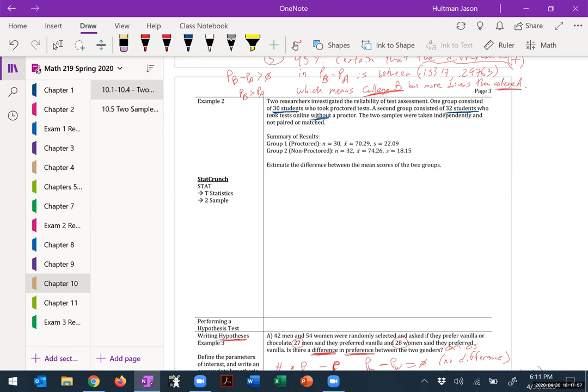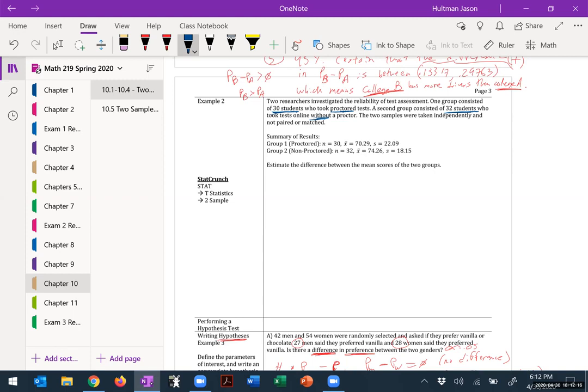Someone oversaw them taking the test. They were monitored while taking their test so that they don't cheat. And then 32 students took tests online who were not monitored. So, a little sketchier.